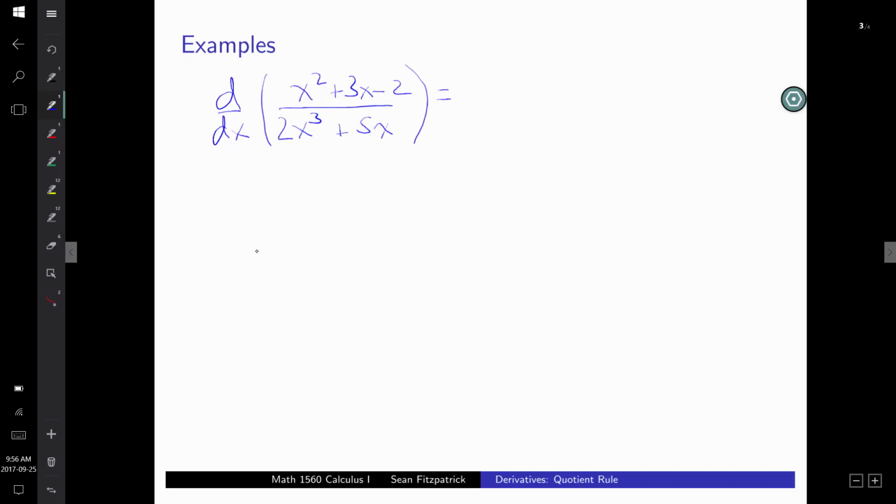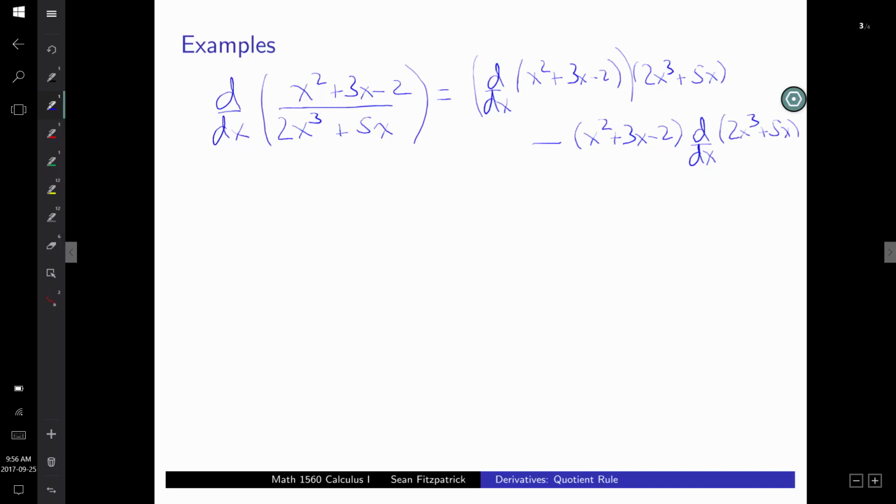So I do the derivative of the top times the bottom, minus the top times the derivative of the bottom. Let's just put brackets there to be careful. The whole thing is divided by the bottom squared.